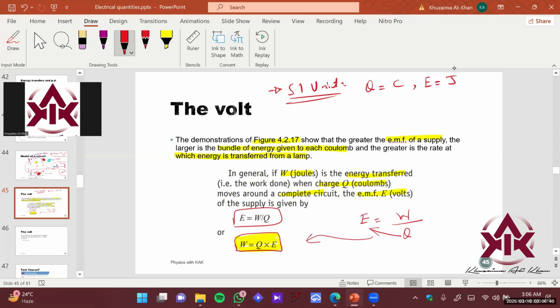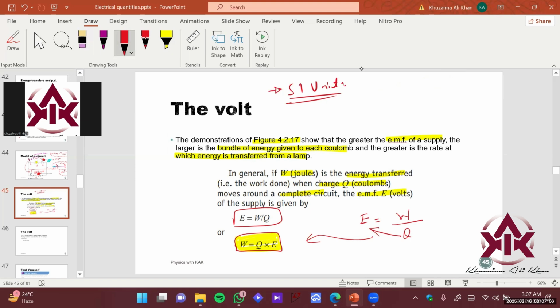Is it going to be joule or something else? You can think about this. Since we're talking about work done here, what is the unit? It's equivalent to energy, that is, it is the same as joules here, right? So work done and energy are equivalent.